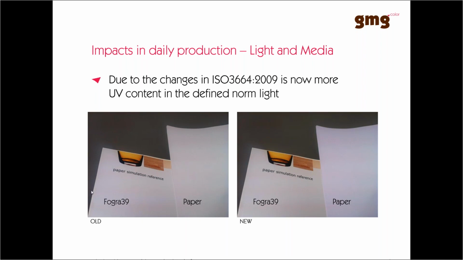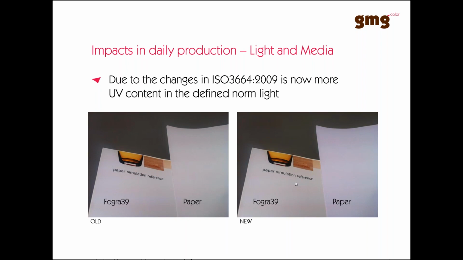So the paper tint simulation is for FOGRA 39, and on the right side just a production paper using an old norm light. Here on the right side you see the same image now with new lights in our light cabinet, and I hope you all could see the color differences between the paper and the paper simulation.